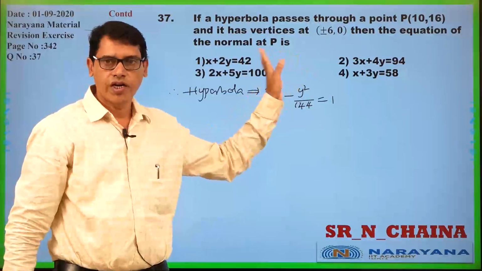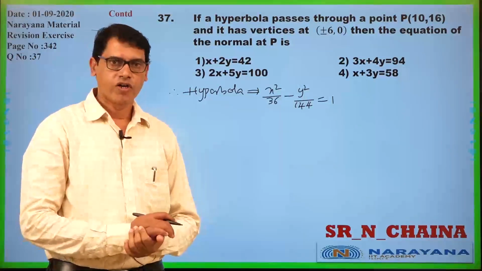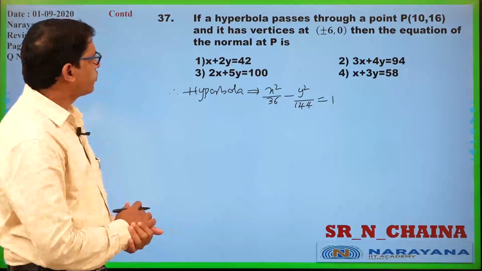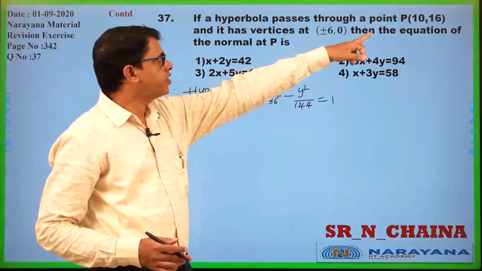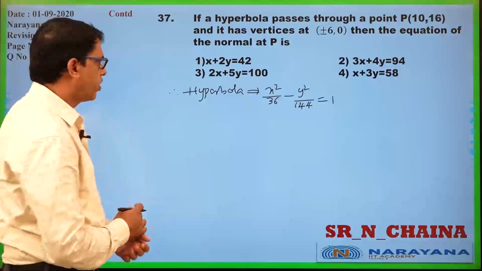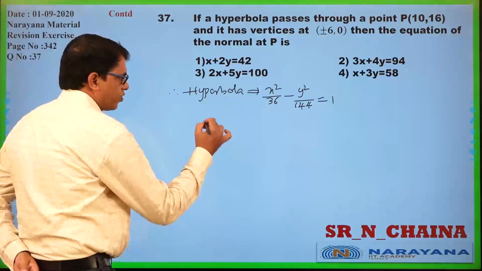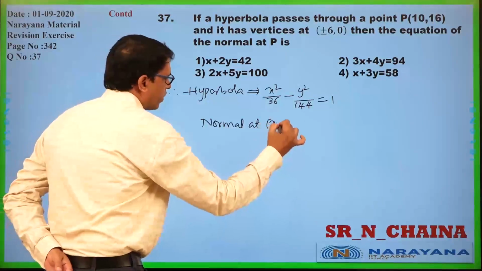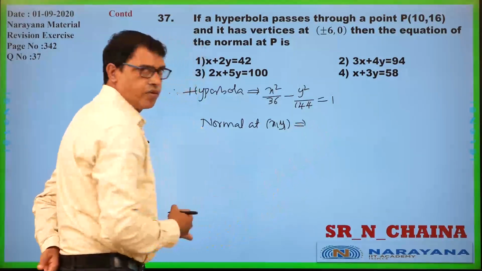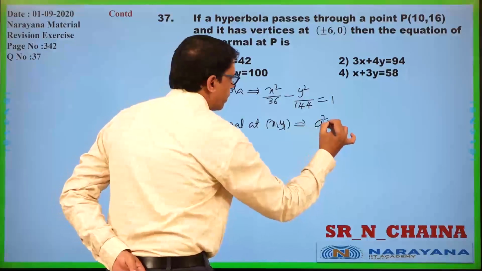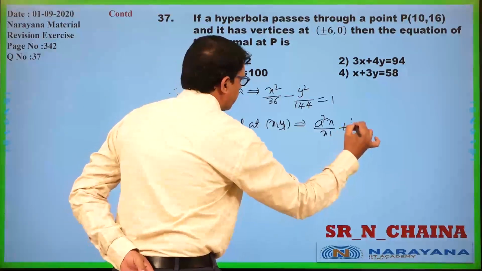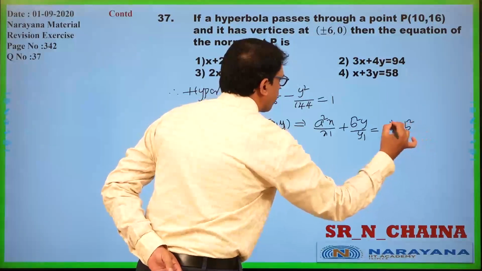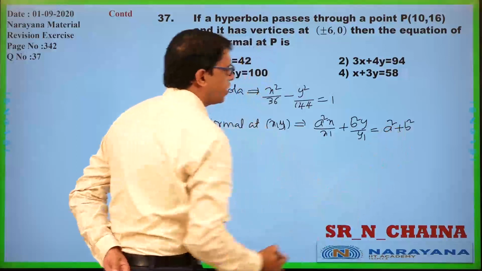Now, what is the required one? The equation of the normal at P. Again a direct formula, because the P point is (10, 16). So the equation of the normal at (x1, y1) is a square x by x1 plus b square y by y1 equals a square plus b square.